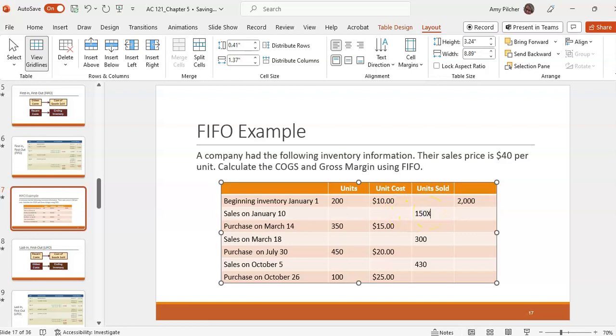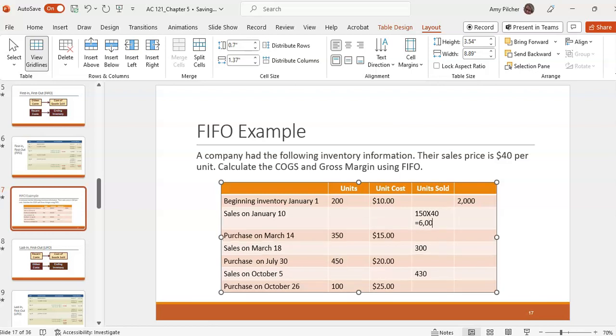That's 150 at $40, which equals $6,000. And now we have 50 units left, 50 times 10, which equals $500.